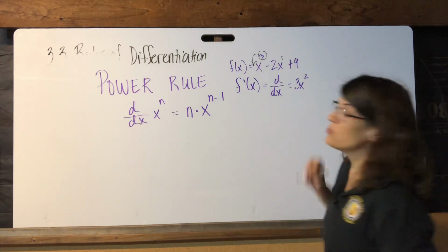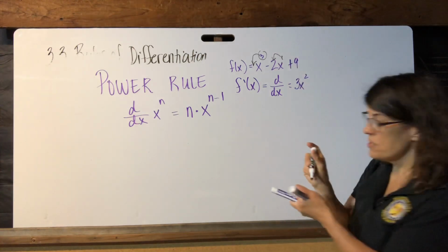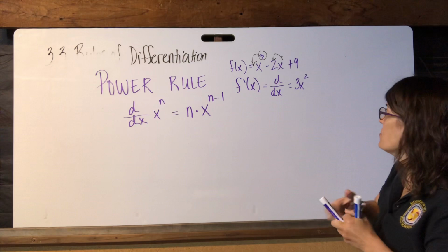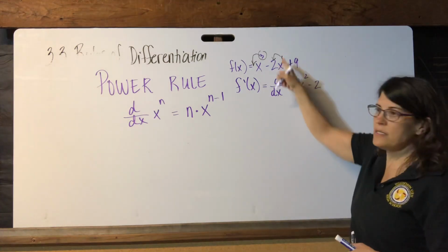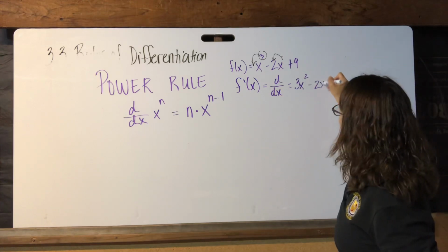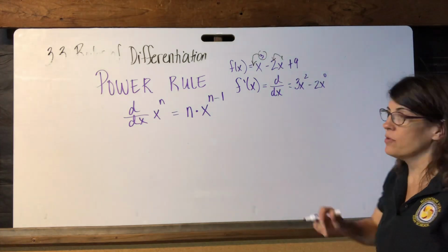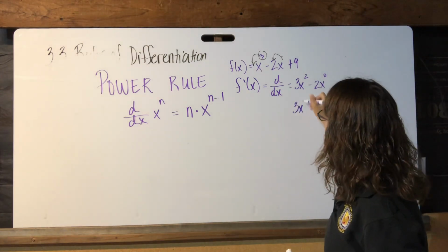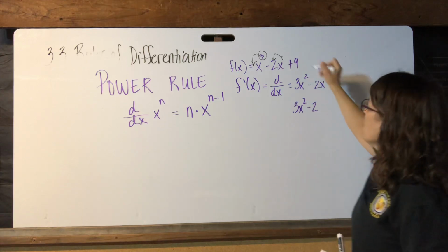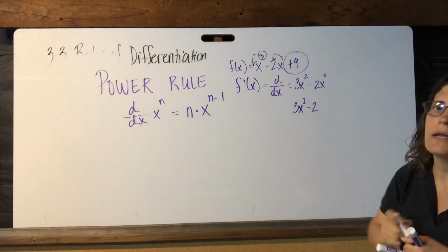This is 2x to the first. The 1 comes down in front. 1 times 2 is 2. Decrease x to the first, it becomes x to the 0. But anything to the 0 power is 1. So I'm just going to rewrite this here. And then you have the plus 9.